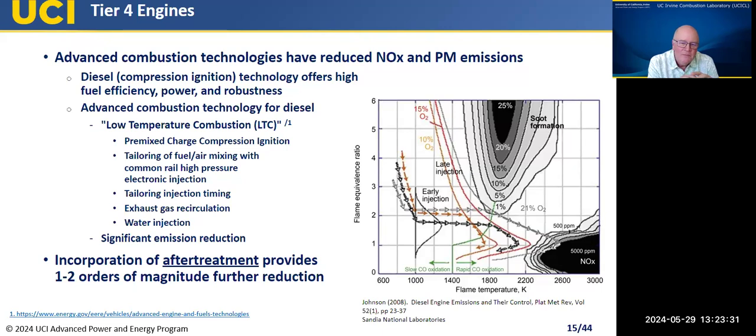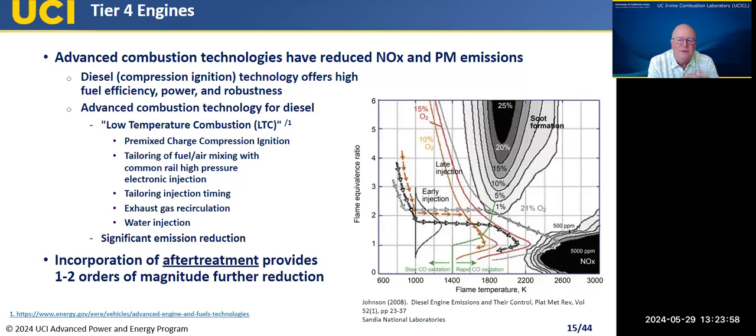So in essence, from a combustion in the cylinder viewpoint, if we can steer the conditions towards areas where there's a simultaneous minimization of soot and NOx, we can actually cause a significant decrease in emissions of both of these.